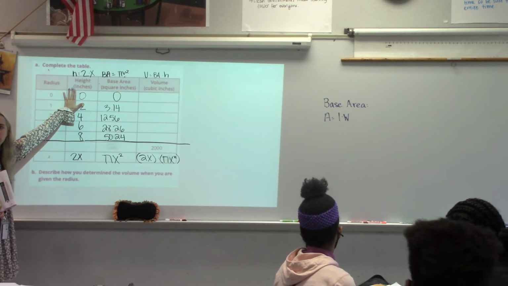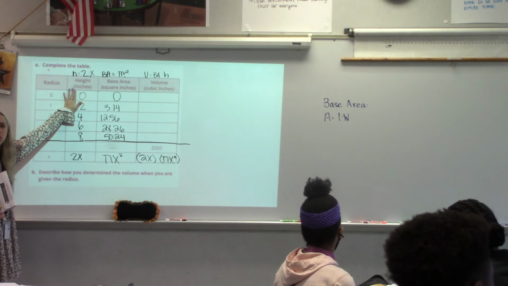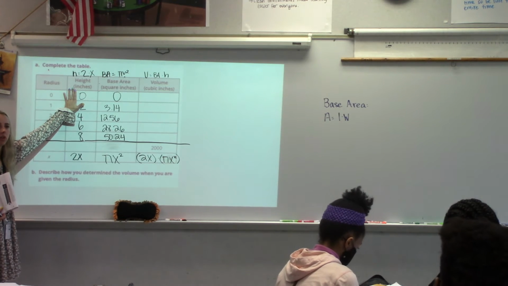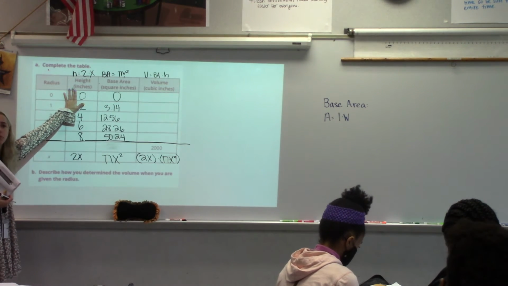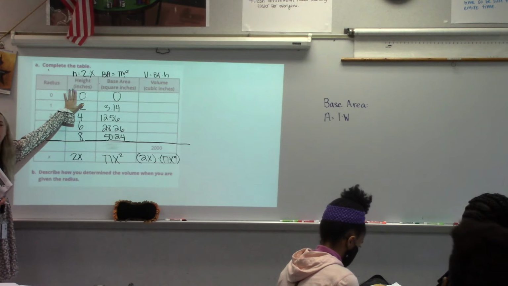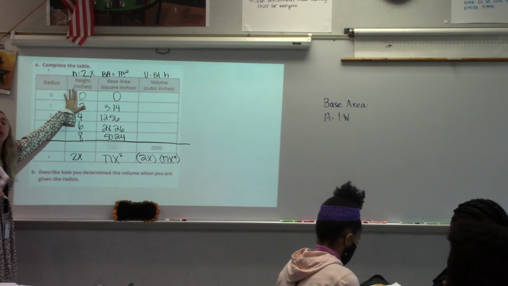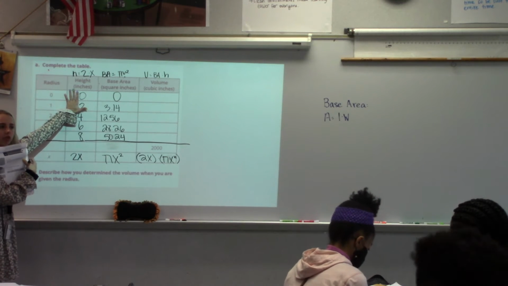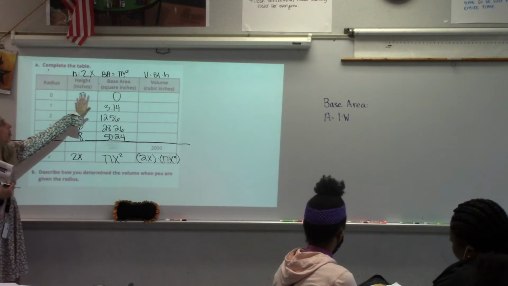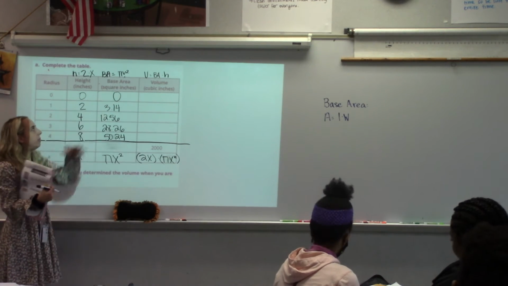Okay, what kind of function is height? How do you know that? A straight line. Okay, if we graphed it, it'd be a straight line. Also, what's the degree of a linear function? 1. Right, so think about what's the degree of the quadratic function? 2. And so what function would base area be?